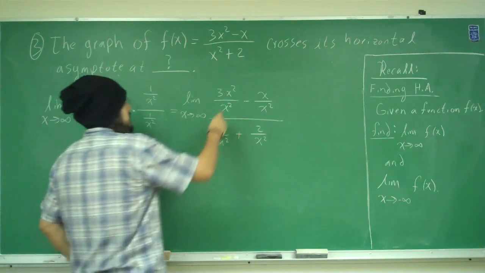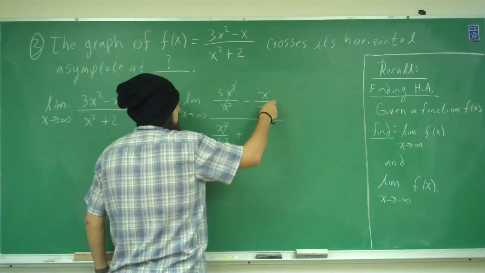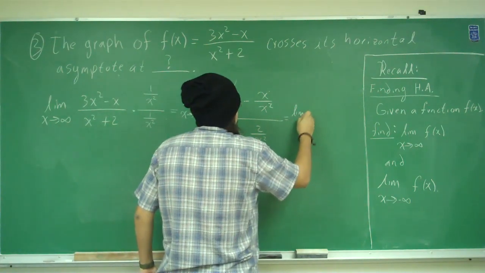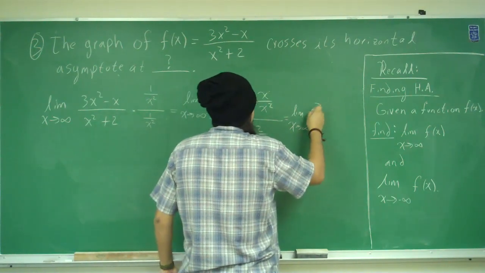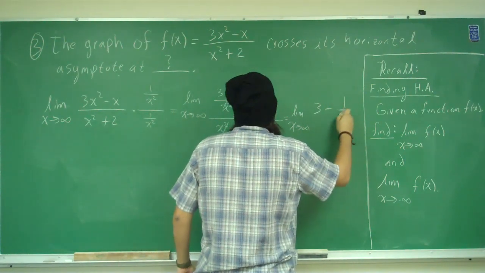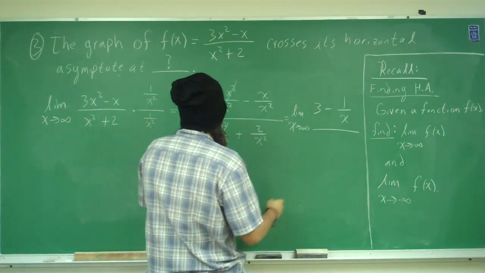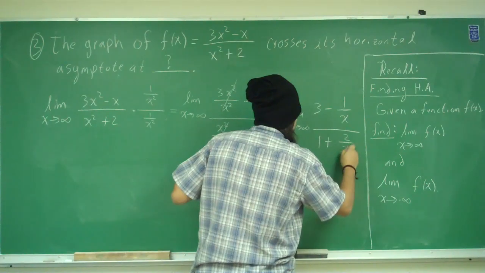So what happens now? One of these cancels out, and that stays the same. Now we have the limit as x approaches infinity of 3 minus 1 over x, all that divided by 1 plus 2 divided by x squared.